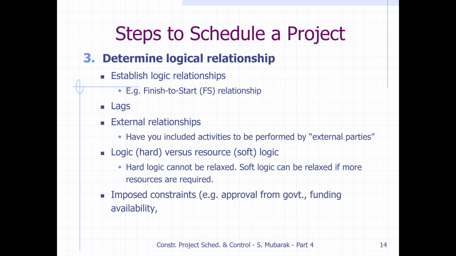Okay, the third step is to determine logical relationships. We have to establish the logical relationship. Generally we use finish to start, meaning this activity will finish, then the next will start. If a lag is given, like the next activity will start with a 4 days lag, it means after completion of activity A there will be a 4 days lag, and then activity B will start.